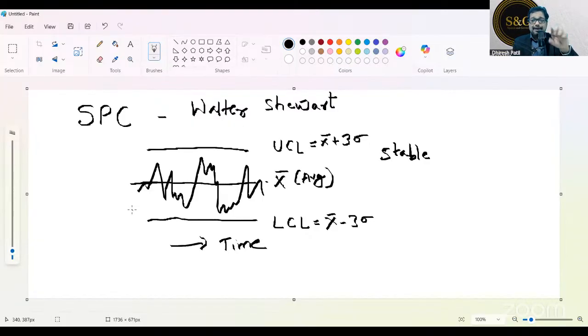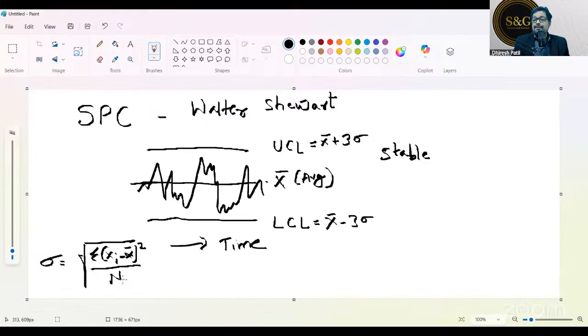Then for the same data, you calculate standard deviation. What is the formula for standard deviation? The formula for standard deviation is: summation of xi minus x bar, raised to square, divided by n.